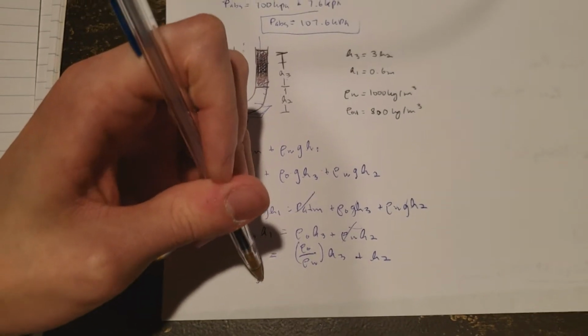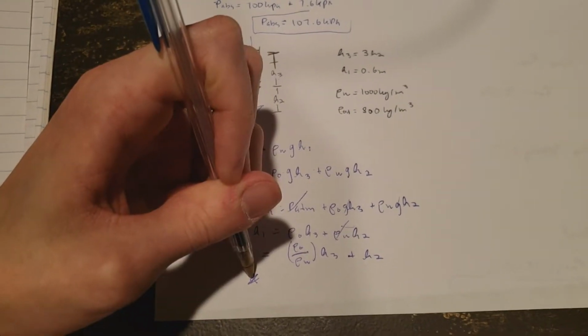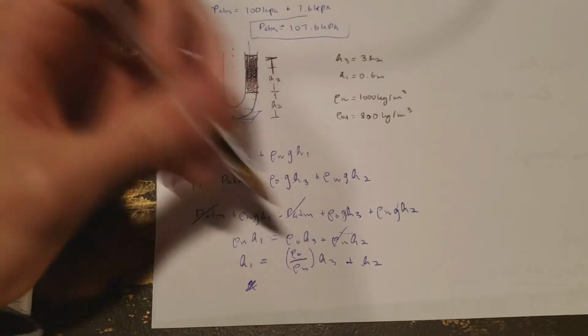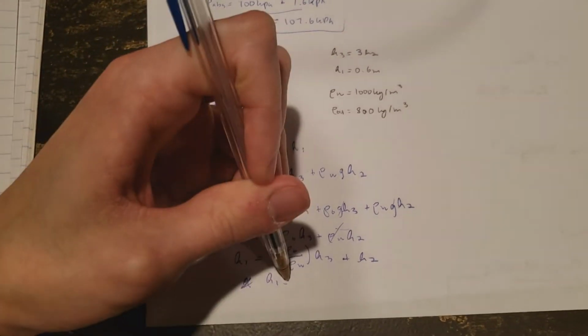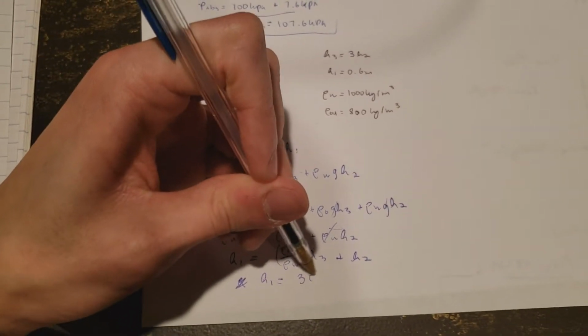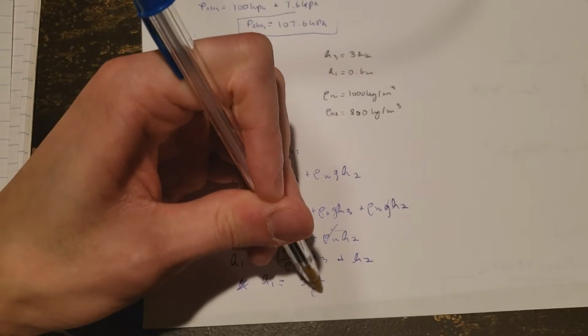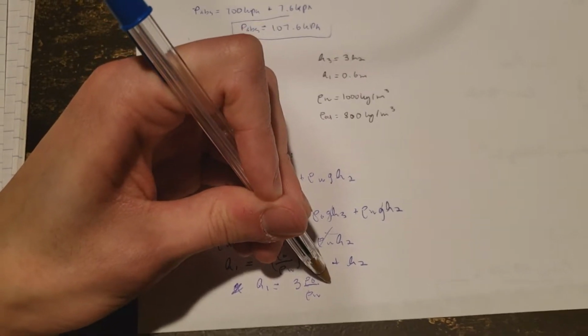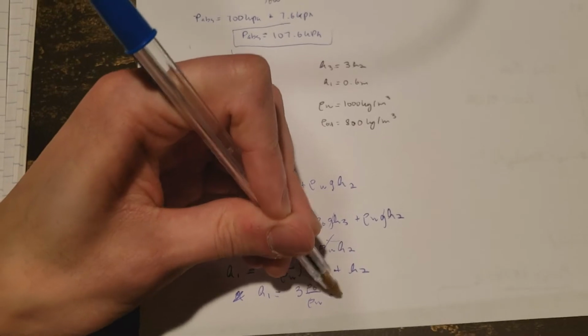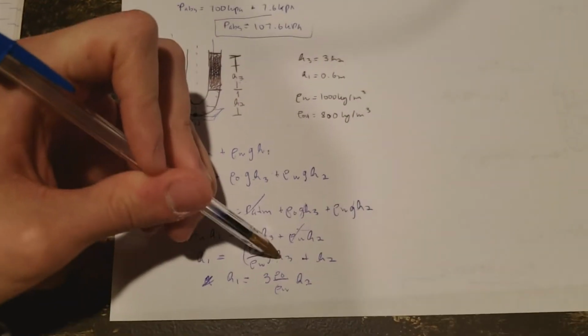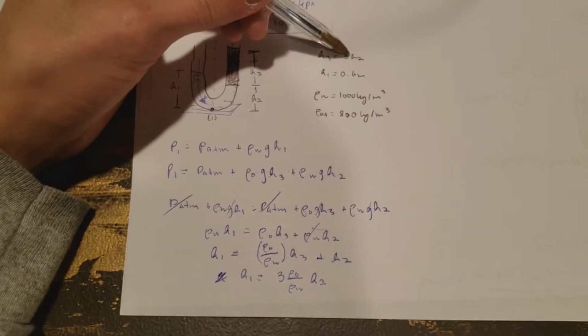And now we can actually start plugging stuff in. So we know that, yes, height 1 is equal to 3 times rho oil over rho of water, height 2. So what we just did right here is that we know that H3 is equal to 3 times H2. So we just plugged it in.